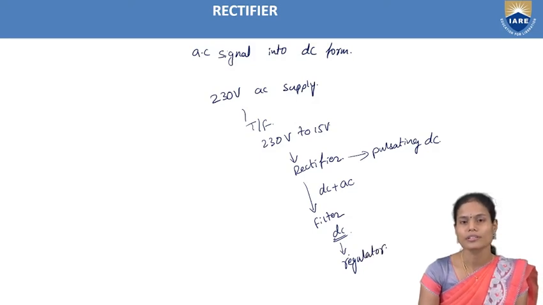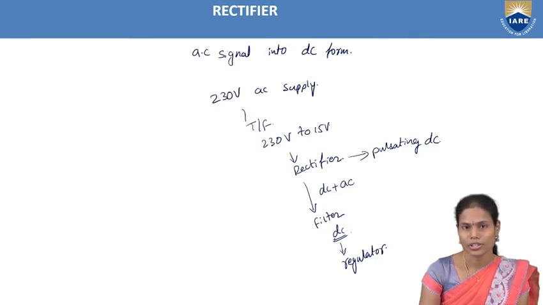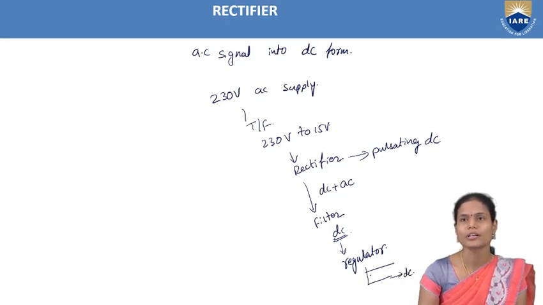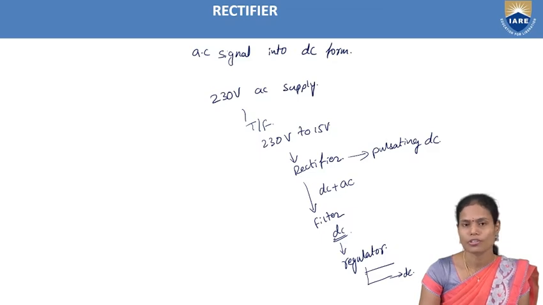The function of the regulator is to provide a stabilized voltage in spite of any variations in the circuit parameters, load resistance or temperature variations. From the regulator, we get the constant DC voltage.